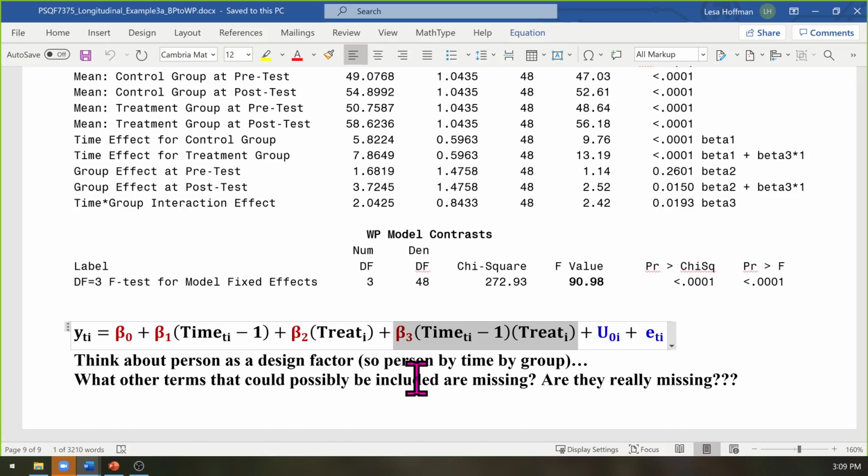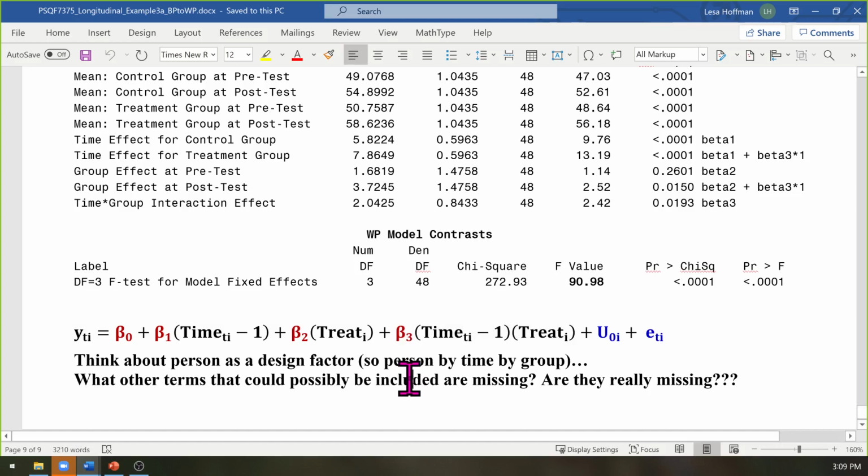I can't have person by group because that would be, how does the same person respond differently when they're treated versus when they're in control? And that's not possible given my design. So if person by group is not possible, person by time by group is not possible. So that leaves person by time as the only other thing we could include. Is that here or is that not here?